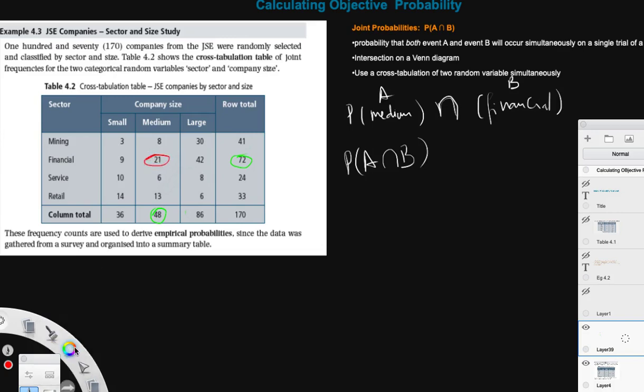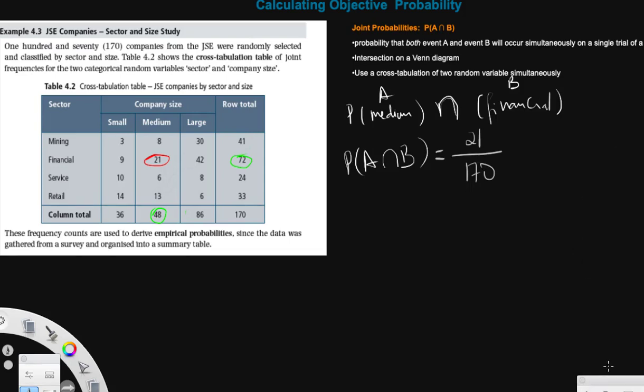So basically it's more or less the same something that we've done before, and this will be equal to 21 divided by 170, and you should get the same value in percentage. Always remember to put the probability in percentage.